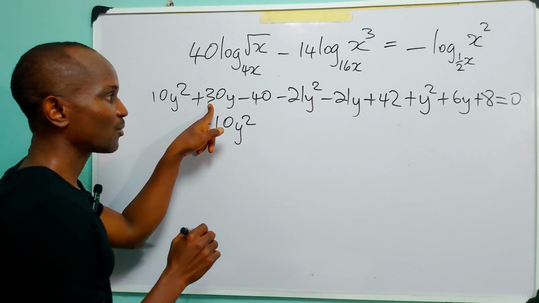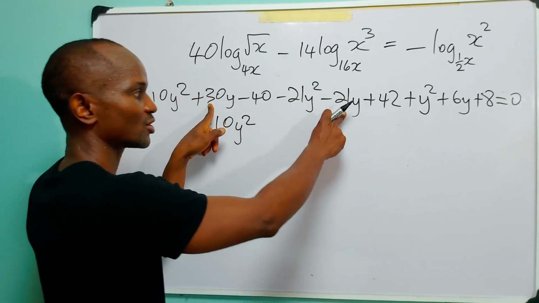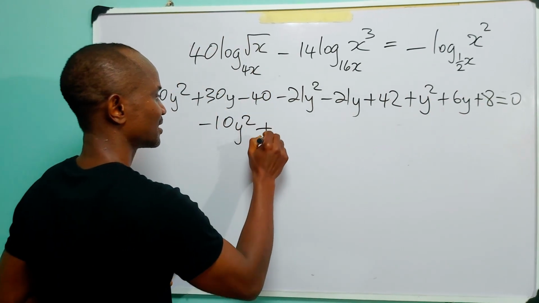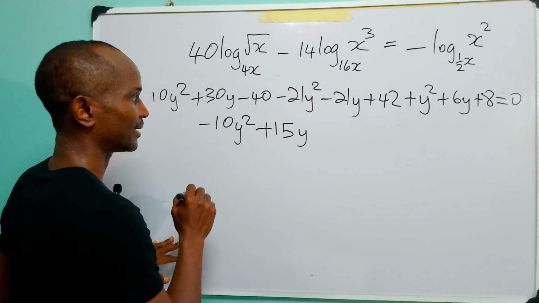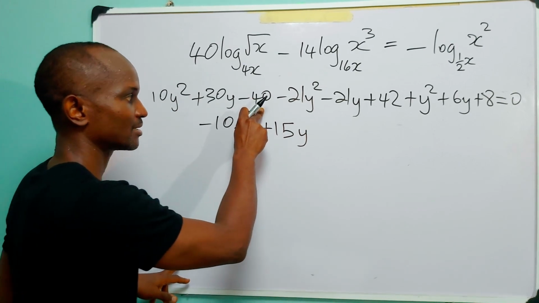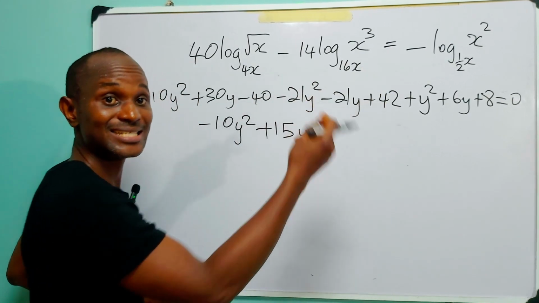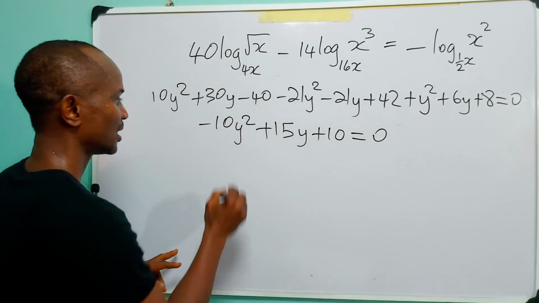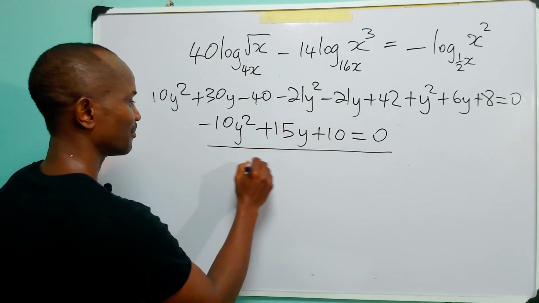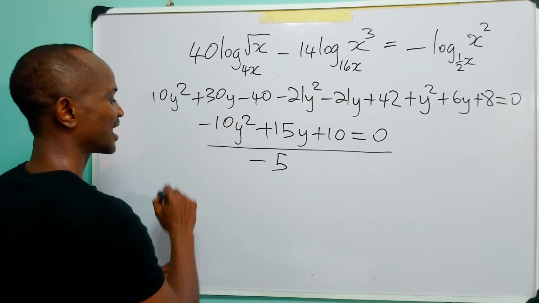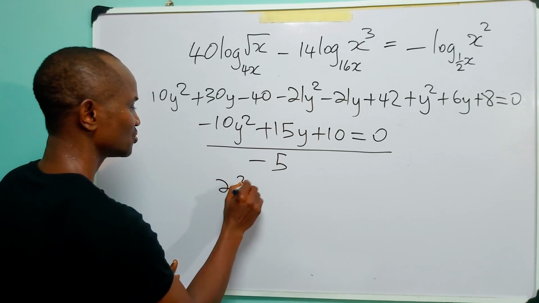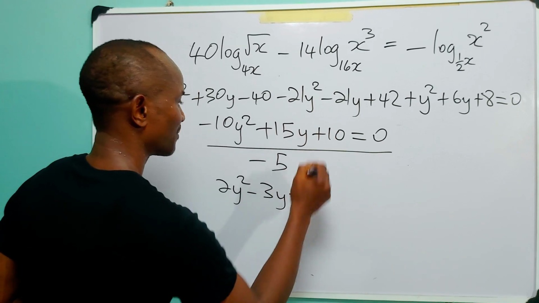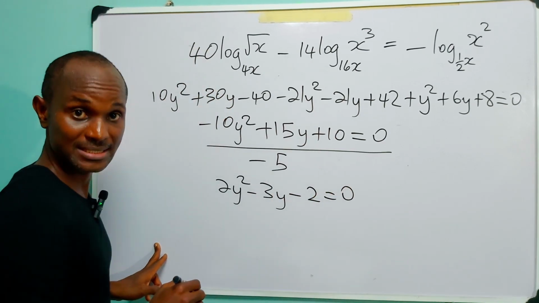We have 30y minus 21y, that is 9y, plus 6y, that is plus 15y. We have minus 40 plus 42, that is plus 2, plus 8, that is 10, is equal to 0. Now we can divide everything by minus 5. When we divide this by minus 5, we have 2y squared minus 3y minus 2 is equal to 0.